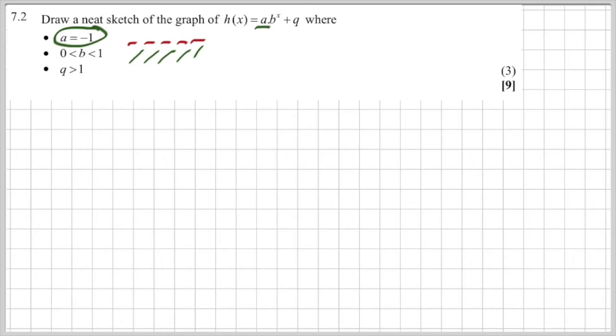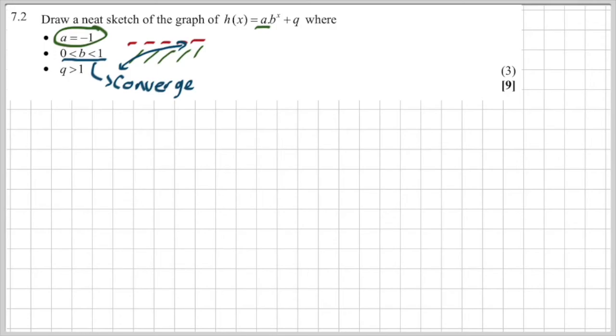Then it says that b lies between 0 and 1, which means it converges. So it's going to go towards my asymptote. Even though it's increasing towards the asymptote, again, it's converging like we said in the previous one.